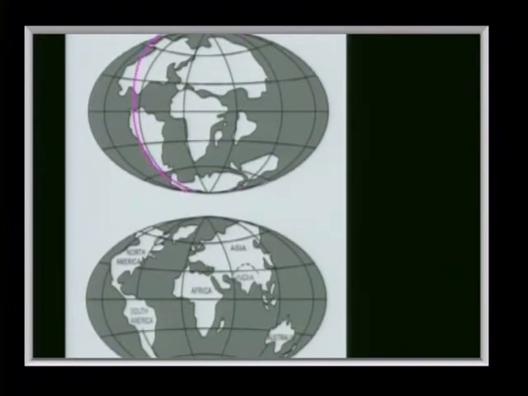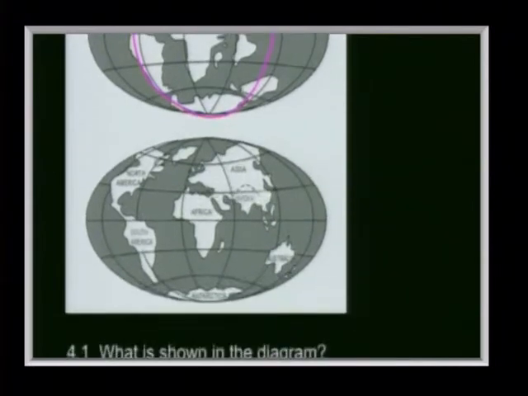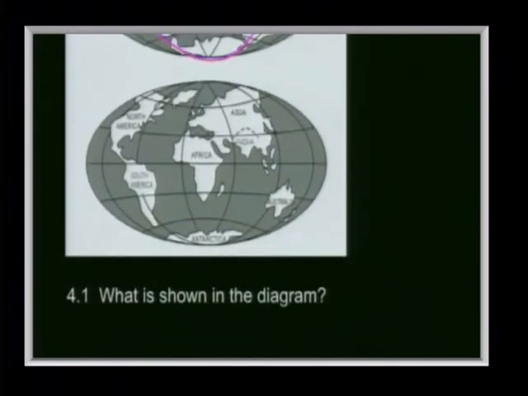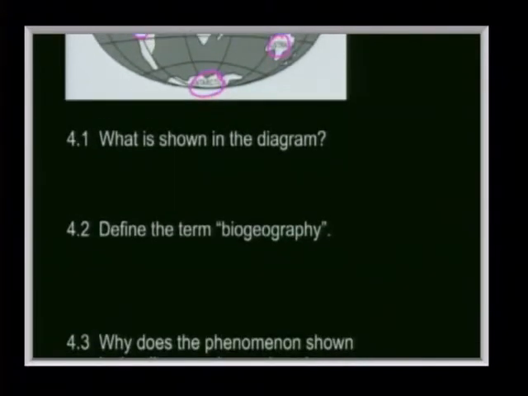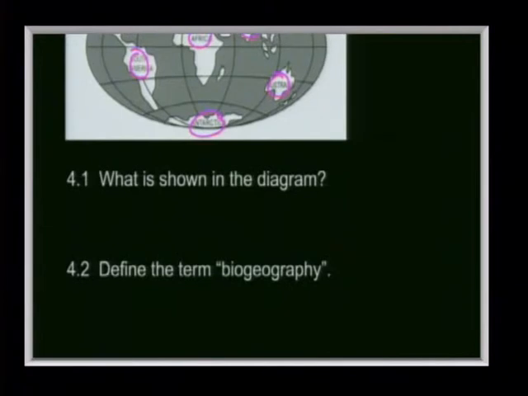It then started separating. So that's kind of an intermediate stage here at this point. And what we then finally have is you then see the distribution of land masses or continents as we know them. In other words, as we know them today. So the question is, what is shown in this diagram? And the answer is continental drift.